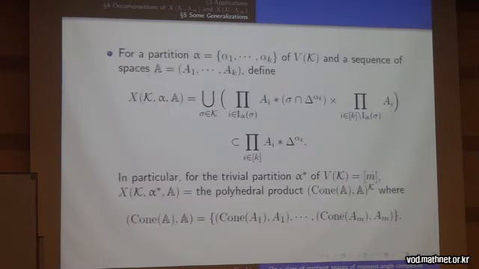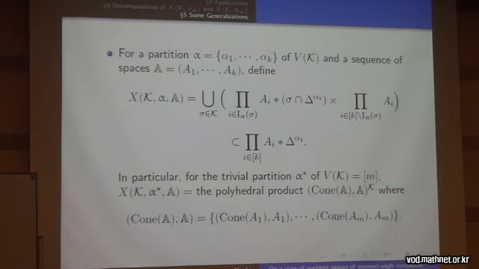Furthermore, I think there's an even wider generalization. We can replace the spheres by A1 to AK, and then we can define similarly. The building blocks are just the join of the A_i with this and the Cartesian product of this kind of thing. For the trivial partition, this is actually the polyhedral product of the cone of A and A. So this construction is a generalization of this one.